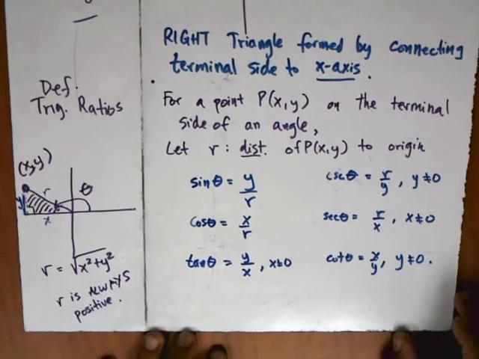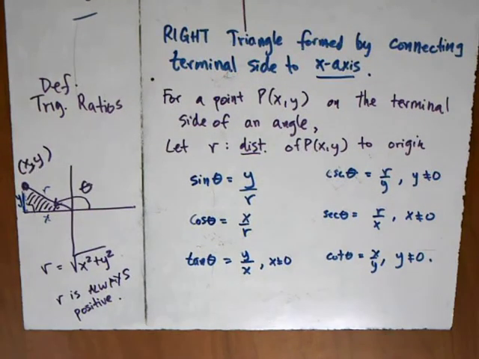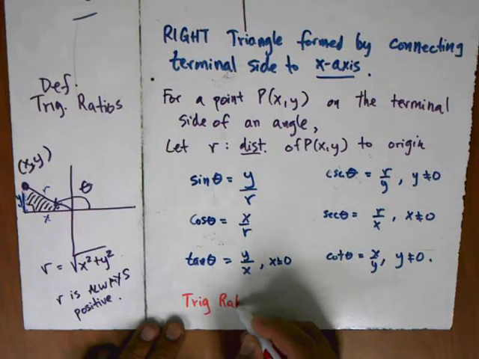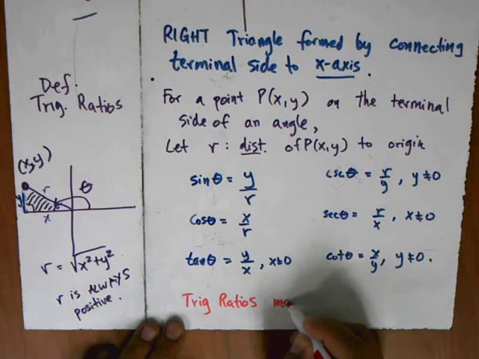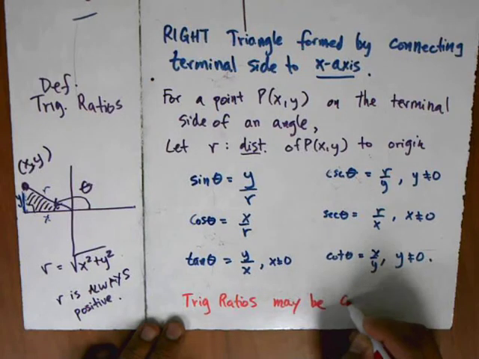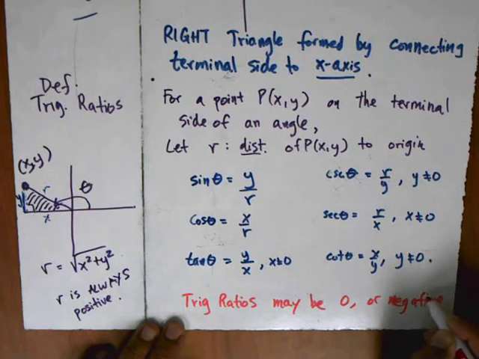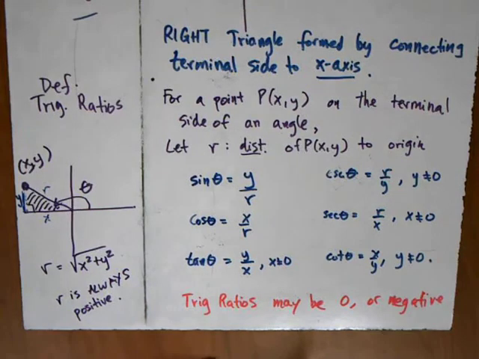And one of the things that we need to note in this scenario is that trig ratios may be 0 or negative. Whereas before all the ratios were some positive number, now in this new, more general way of looking at trig, the ratios may be 0 or they may even be negative. And I'll explain what that means with the next couple of examples.